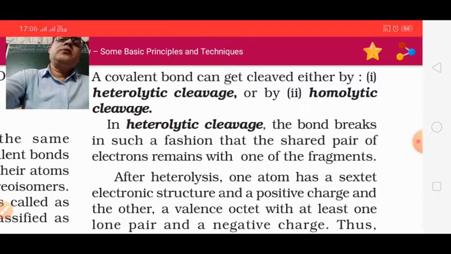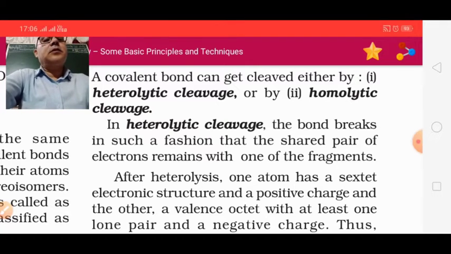As I have told you in an earlier class, there are two types of bond fission or cleavage: one is homolytic and the other is heterolytic cleavage. Homolytic cleavage we have discussed in an earlier class. Now in this class we will discuss heterolytic cleavage, or heterolytic bond fission.